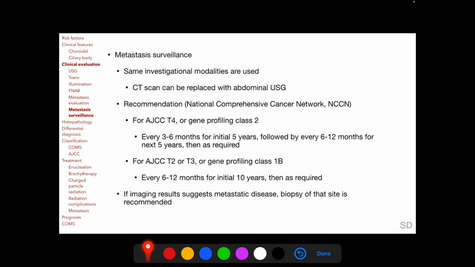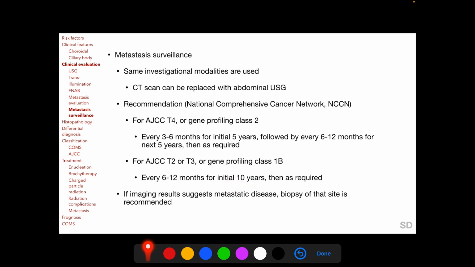For patients with choroidal melanoma with the tumor in category T4 of the AJCC system or with tumors with class 2 gene profile, we will be discussing gene profiling a little later, surveillance investigations are recommended every 3 to 6 months for the initial 5 years, followed by every 6 to 12 months for the next 5 years, and then as required. For choroidal melanoma patients with their tumors in categories T2 or T3 of AJCC or with tumors having class 1b gene profile, surveillance investigations are recommended every 6 to 12 months for the initial 10 years and then as required.